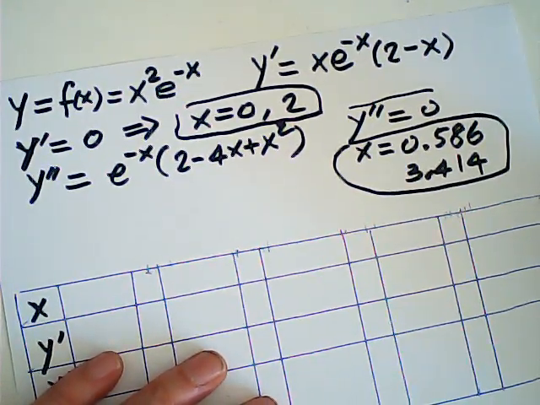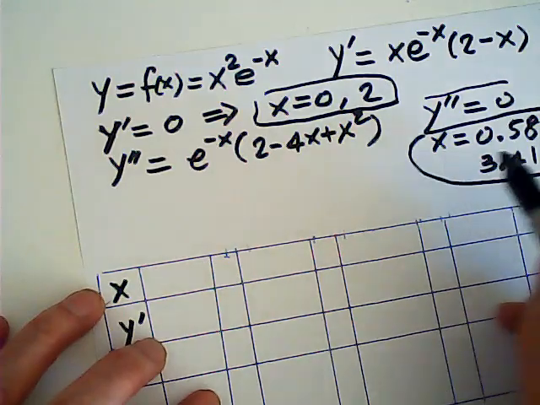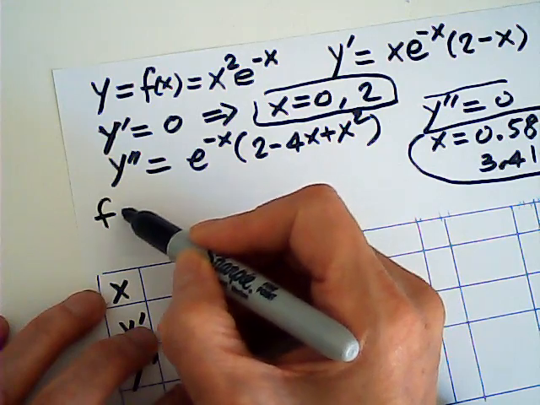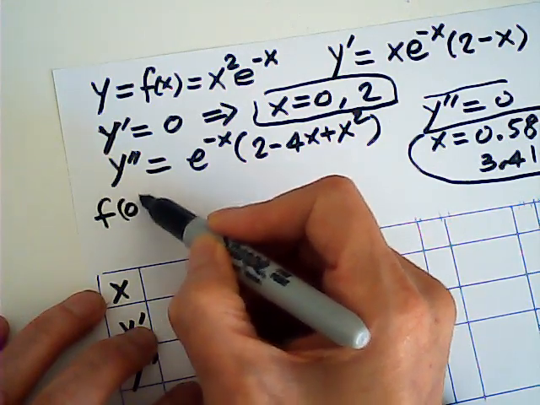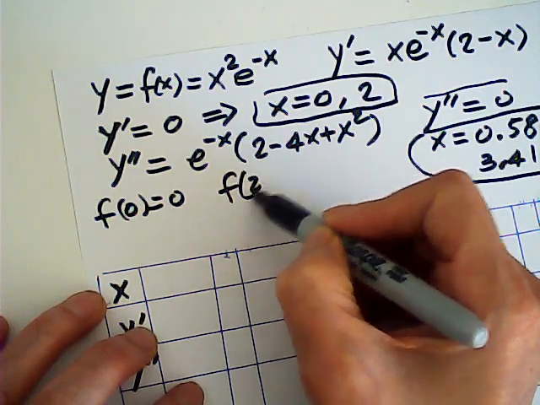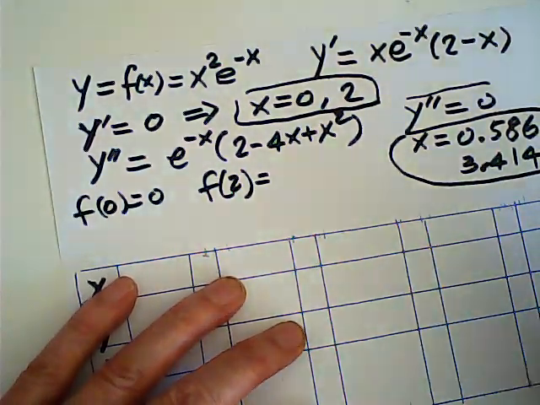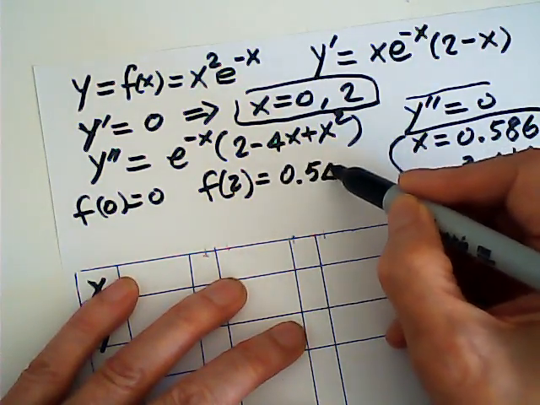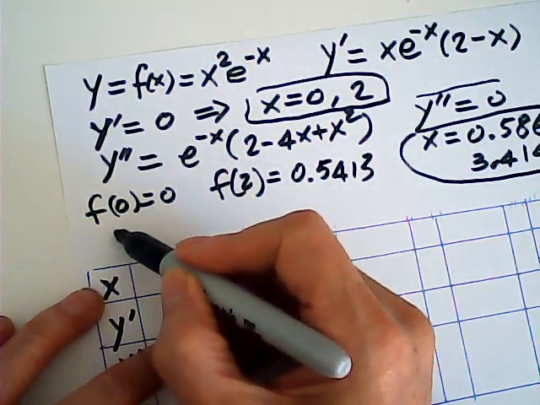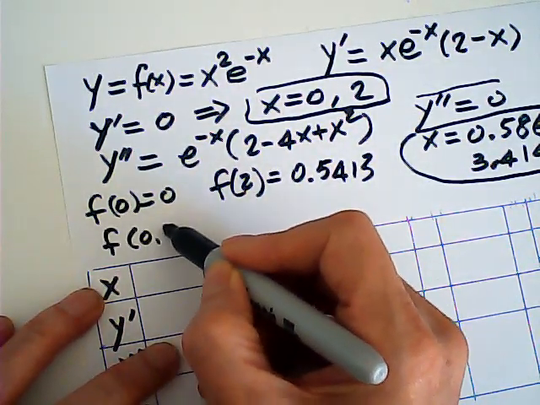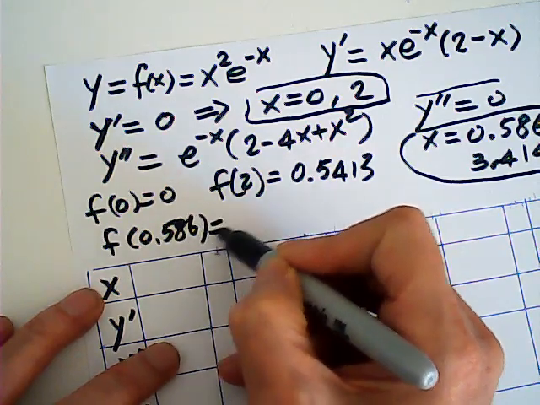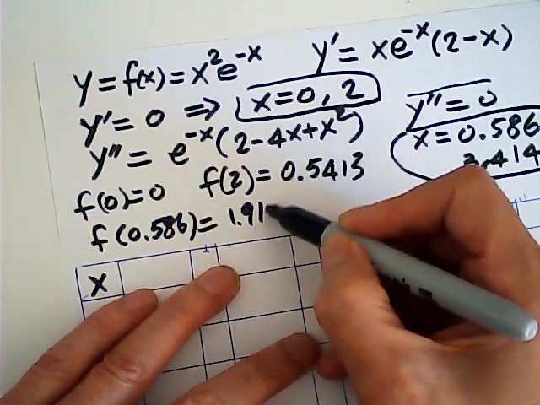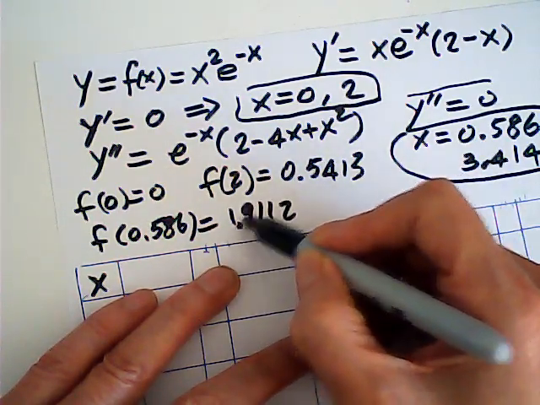Now we find f of 0, which is 0, right? f of 2 is equal to 0.5413. f of 0.586 is equal to 1.9112.